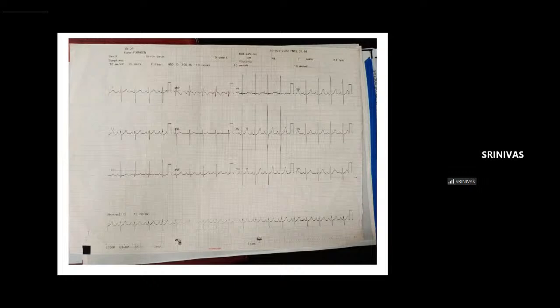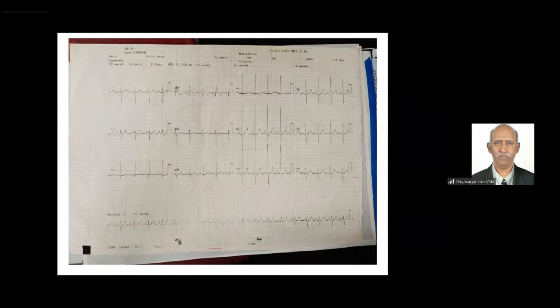Where else will you get a counterclockwise loop in VSD? I'll make the understanding a bit easier. Sir, what is the basic mechanism of counterclockwise loop? Why does that happen? Electrocardiographically, why does that happen?